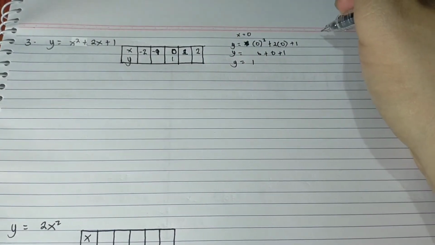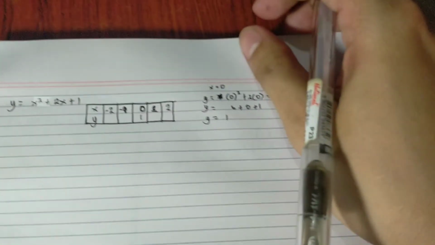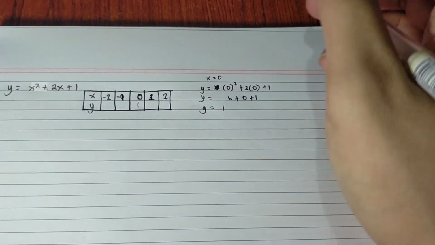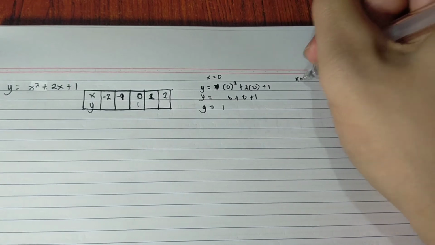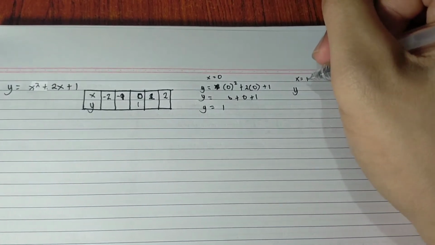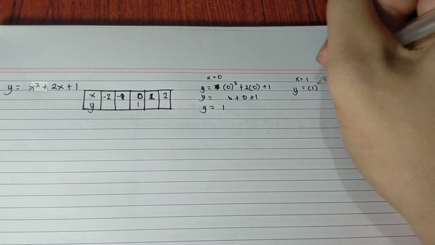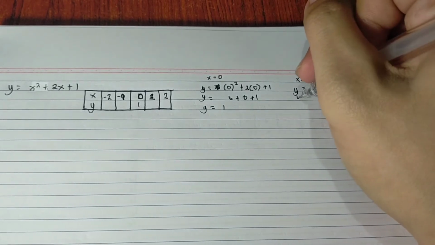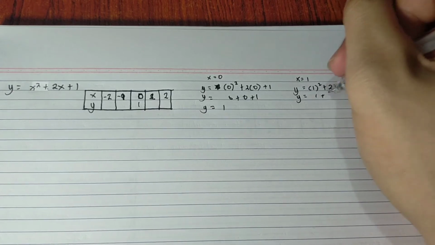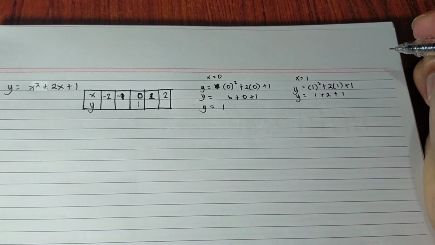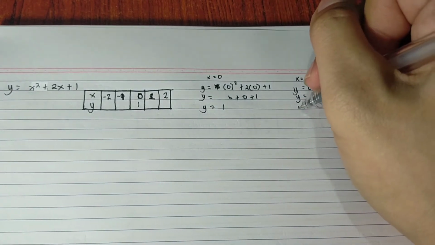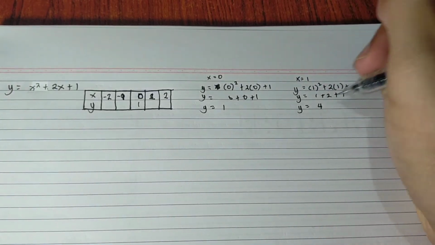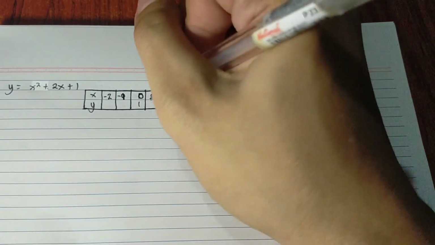How about if x is positive 1? Y is equal to 1 squared plus 2 times 1 plus 1. The answer will be 1 plus 2 plus 1. Okay? So therefore, y is equal to 4. 1 plus 2 plus 1 is 4.